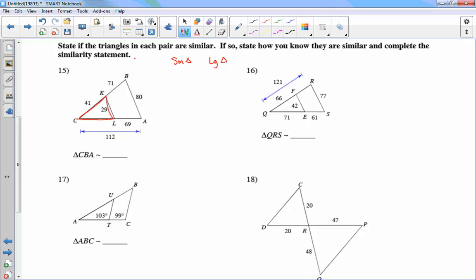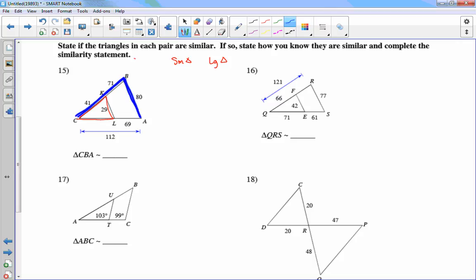We can choose the other sides as long as the big triangle has the left diagonal and the right diagonal. Do we have lengths of both of those? Yes. We know the length of this side of the big triangle and we know the length of this side. So we can choose to use either one.